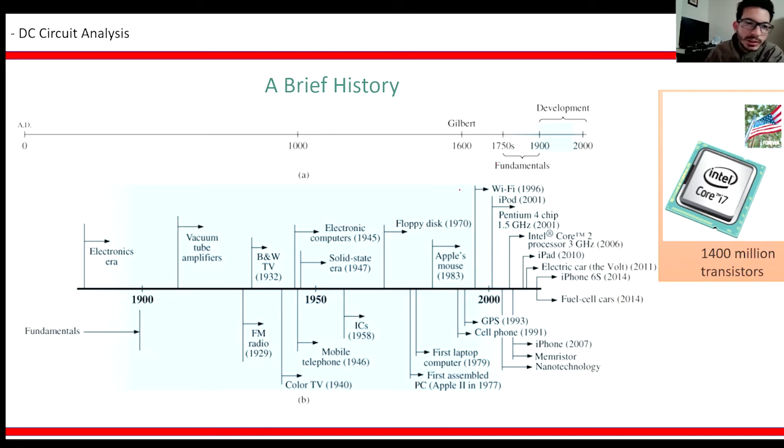A brief history. If we go all the way to after the death of Christ, year zero, it's not shown here, but the Romans found, and the Greeks before Christ too, found rocks in different islands throughout Greece and throughout Italy that they called magneta.